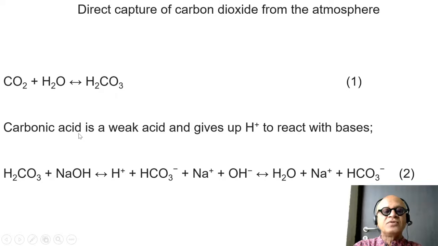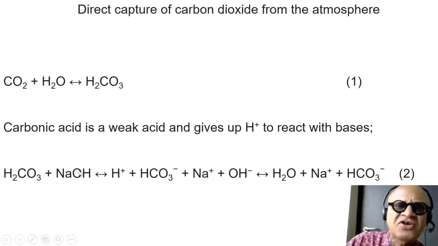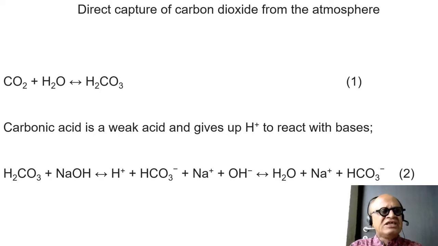But in terms of direct air capture, you use chemicals like NaOH. I think this is sodium hydroxide, which is something that's there in common cleaners we use in the bathroom and so on, which is a base.